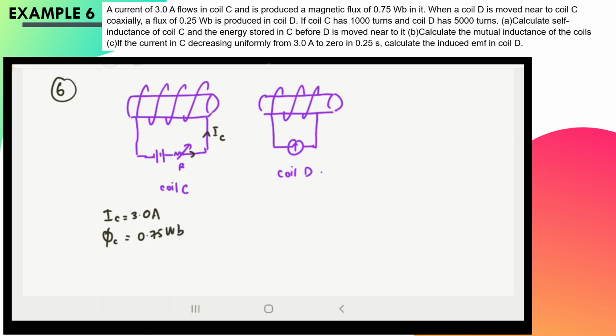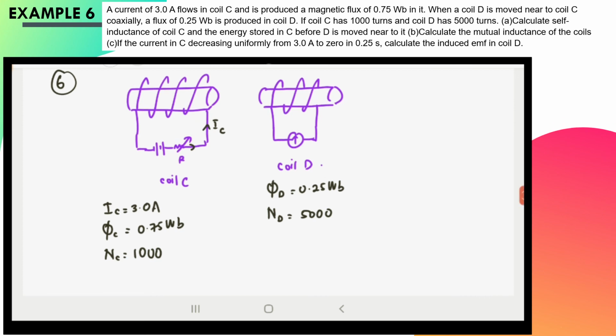When coil D is moved near to coil C, a flux of 0.25 Weber is produced in coil D. If coil C has 1000 turns and coil D has 5000 turns, calculate the self-inductance of coil C and the energy stored in C before D is moved near to it.